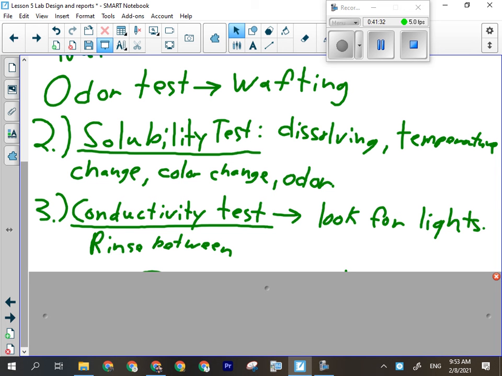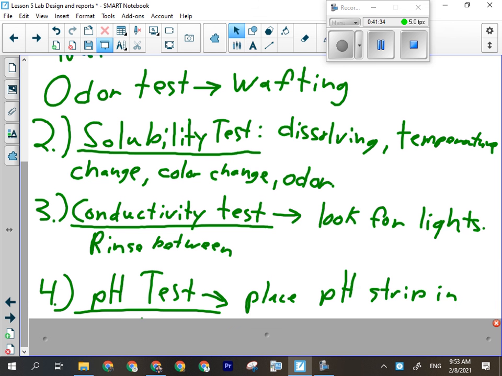as well. Then your last test is going to tell us whether you've got something that's an acid or a base, and that's your pH test. The pH test is pretty straightforward. You're gonna have these little tubes.